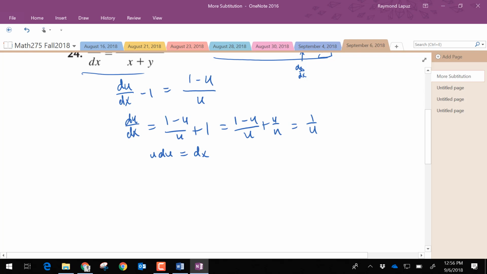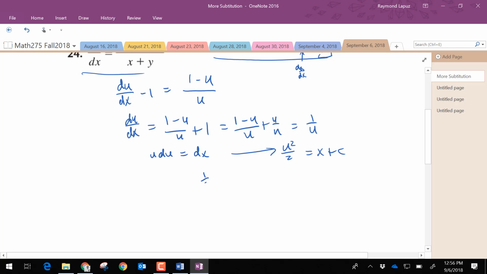So our integral is going to be u squared over 2 is equal to x plus c, and then you can solve for u here. But remember that the whole thing is you let u equal something in the beginning, right?